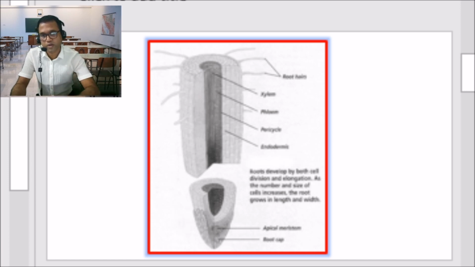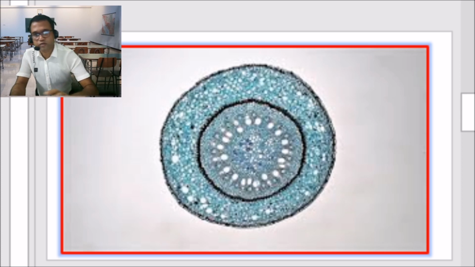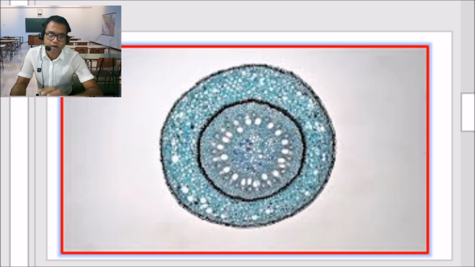If we section this root transversely, then we can find these types of figures. If we observe this section in a microscope, then we can find this picture.